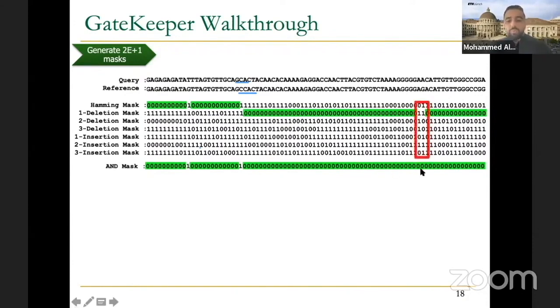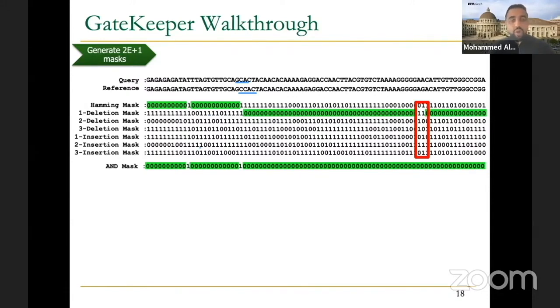However, when we do the AND operation, we have a little problem here, that whenever we have a 0 somewhere, it will always dominate because we have AND operation, remember? So it always dominates and cancels any 1. And remember, these ones represent the differences between the two sequences. So if you have a 0, that will cancel the ones, then you will have fewer ones.